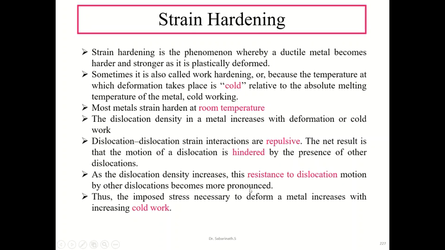So the resistance to dislocation motion will increase with the increase in dislocation density. Thus, the imposed stress necessary to deform a metal increases with increasing cold work. As a result, the stress required to deform the material will be higher.